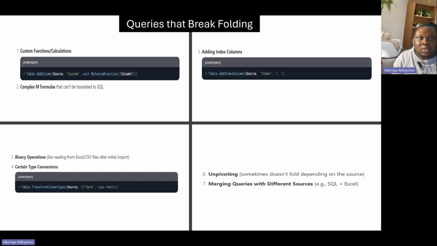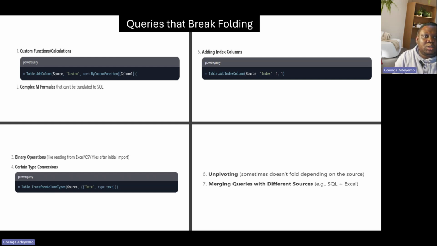That does not support query folding. When you add an index column, it's not something the source understands. It's not something your database, your SQL Server, understands, right? Sometimes when you write very complex calculations, I mean very complex calculations, the underlying source might not understand that, right?